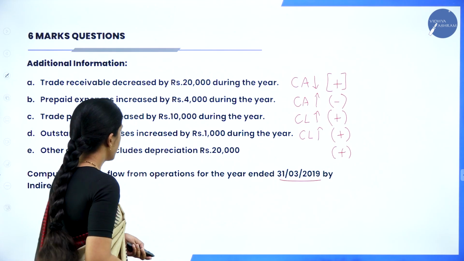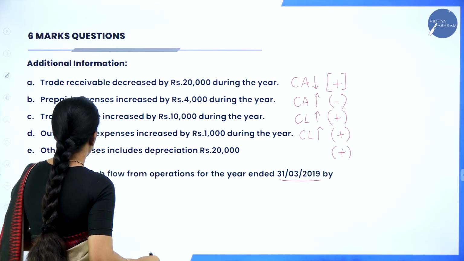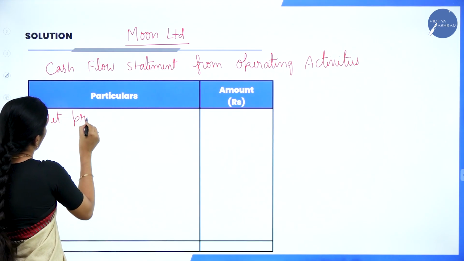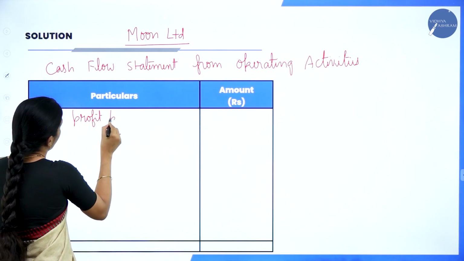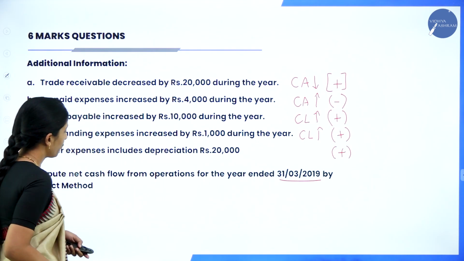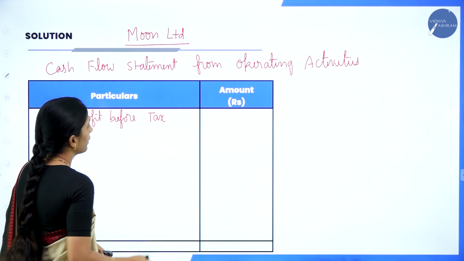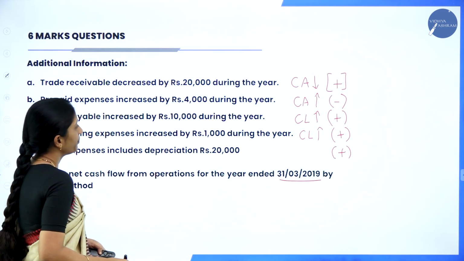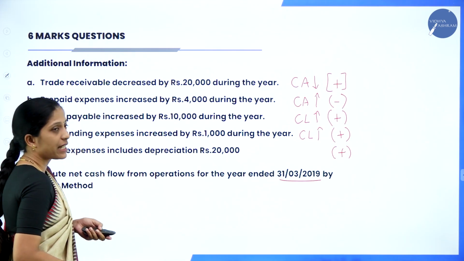Okay, so we shall see net profit before tax. Net profit before tax is 1 lakh. Then trade receivable decreased.